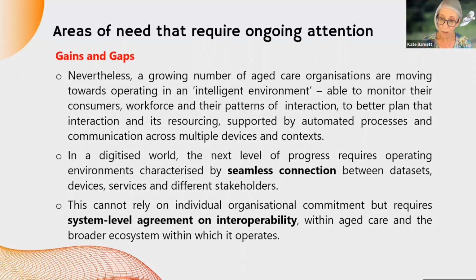The next level of progress, we believe, requires more open environments that are characterised by seamless connection between data shared across different devices and services and stakeholders. You can't keep relying on organisational-level impetus for this. We really need system-level agreements on interoperability and standards and so forth, and possibly a sharing of resources.